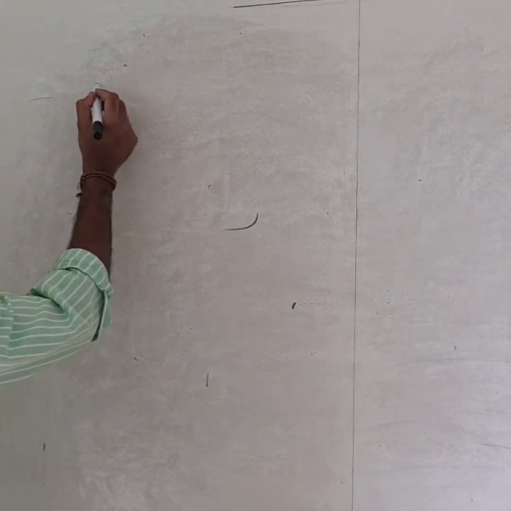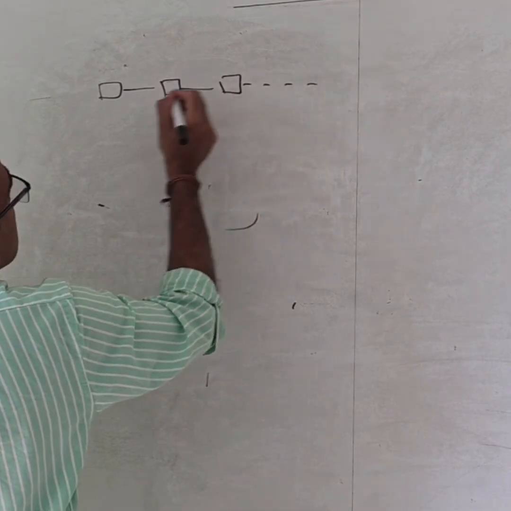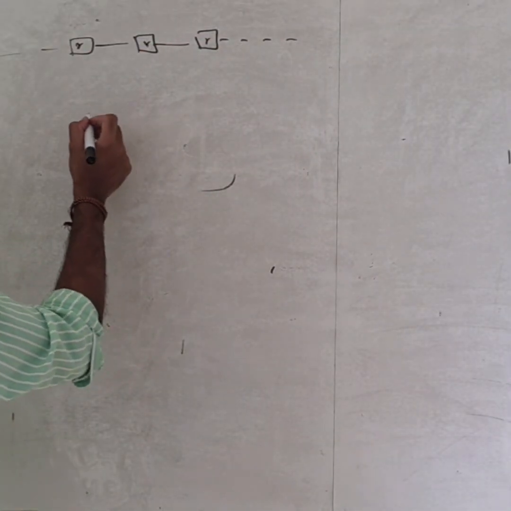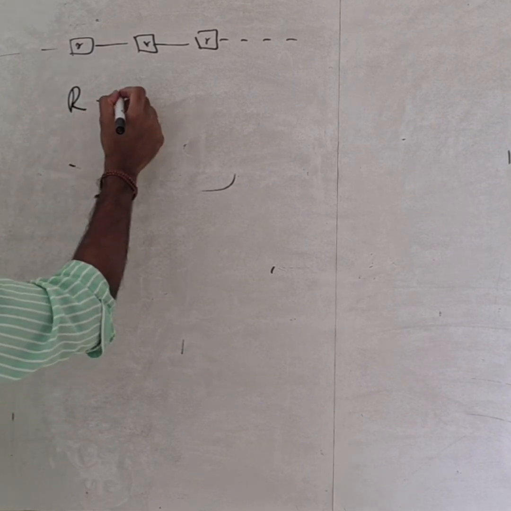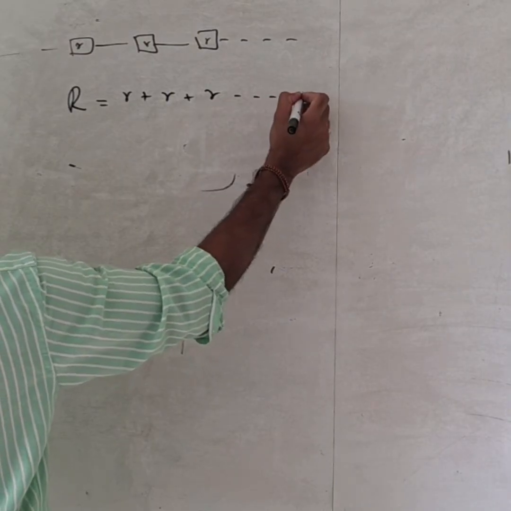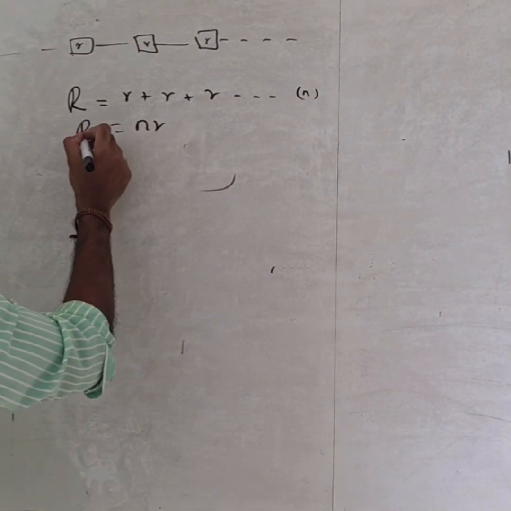Say you have n number of resistors. Every resistor has a resistance of r. In series, the resultant resistance R is equal to r plus r plus r up to n times, so it is nr.